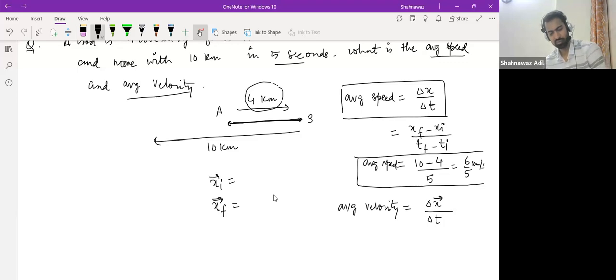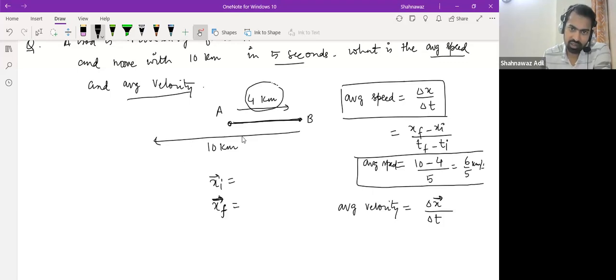Let's see whether you remember the vector classes or not. Not the magnitude, the vector x final vector.